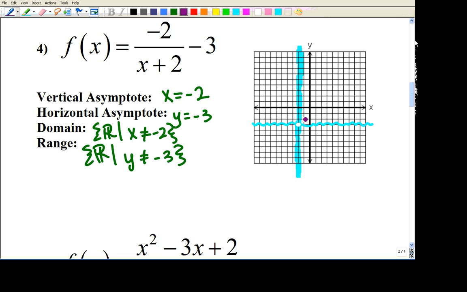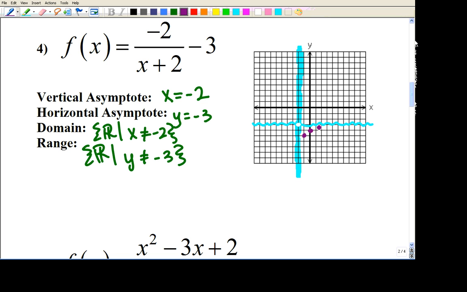So we had a parent point. Remember, the parent points are (1/4, 4), (1/2, 2), (1, 1), (2, 1/2), and (4, 1/4). So if I just look at the y values and multiply each of those by negative 2, if I was at (1, 1), I'll now be at (1, negative 2). If I was at (2, 1/2), I'll now be at (2, negative 1).